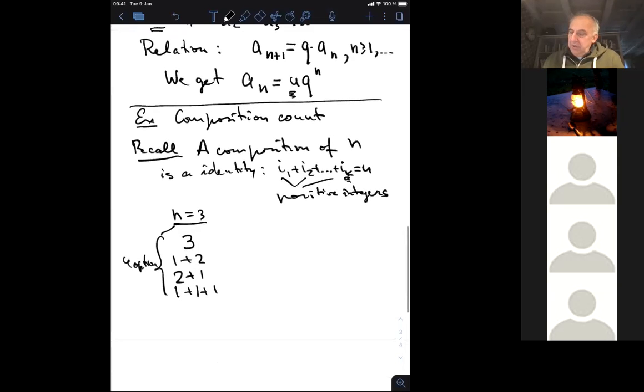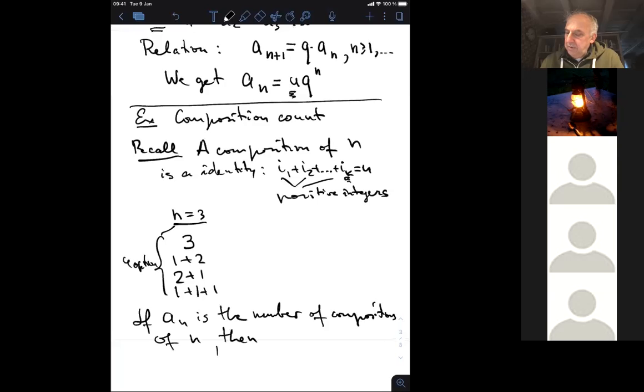And we ended up proving that if a(n) denotes the number of compositions of n, then we have the following very simple formula that there are totally 2 to the power n minus 1 such compositions.